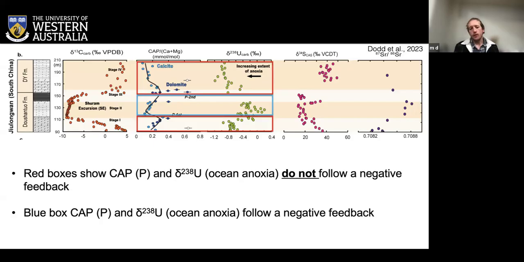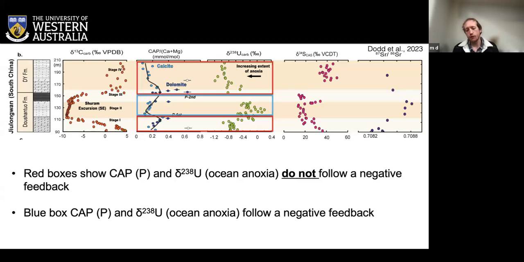When we are looking at our data before the Shuram excursion, when the uranium isotope data tell us that there was widespread ocean anoxia, our CAP data tell us that marine P levels were relatively low. Same for after the excursion, when the extent of marine anoxia increases at the end of the excursion, we also see the CAP data decline to a minimum.